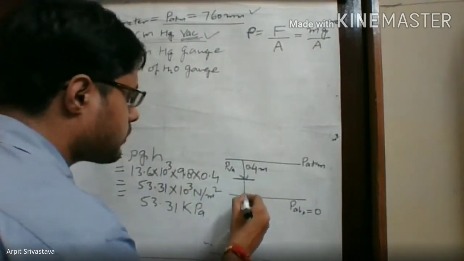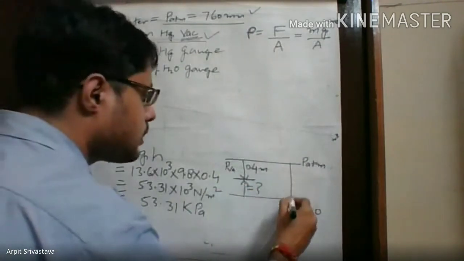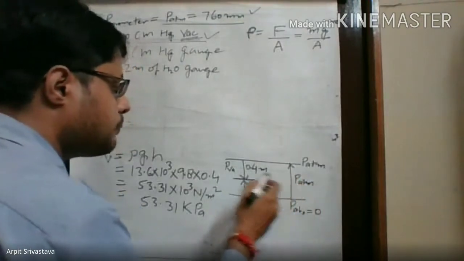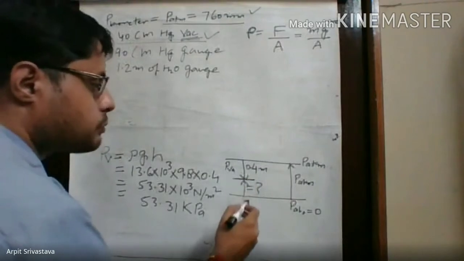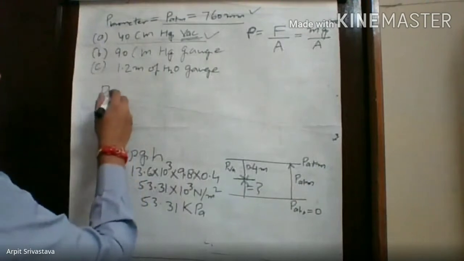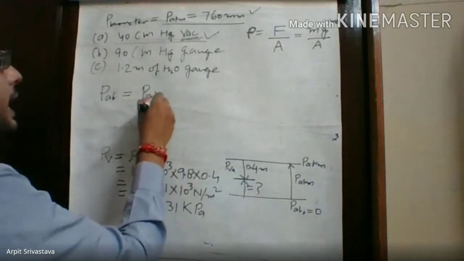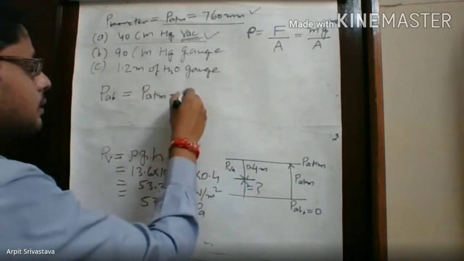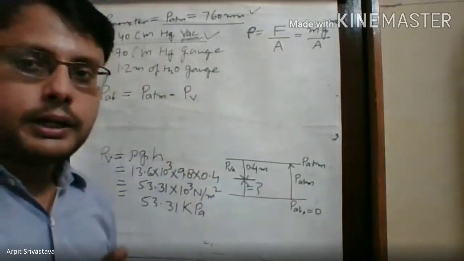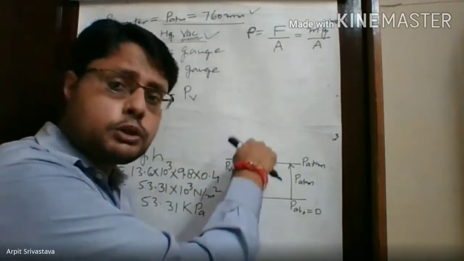This is the absolute pressure which we have to calculate. This is atmospheric pressure, P atm. P atm minus P vacuum is equal to the absolute pressure with respect to this vacuum. As I told you in the last slide, vacuum pressure is represented below the atmospheric pressure line.